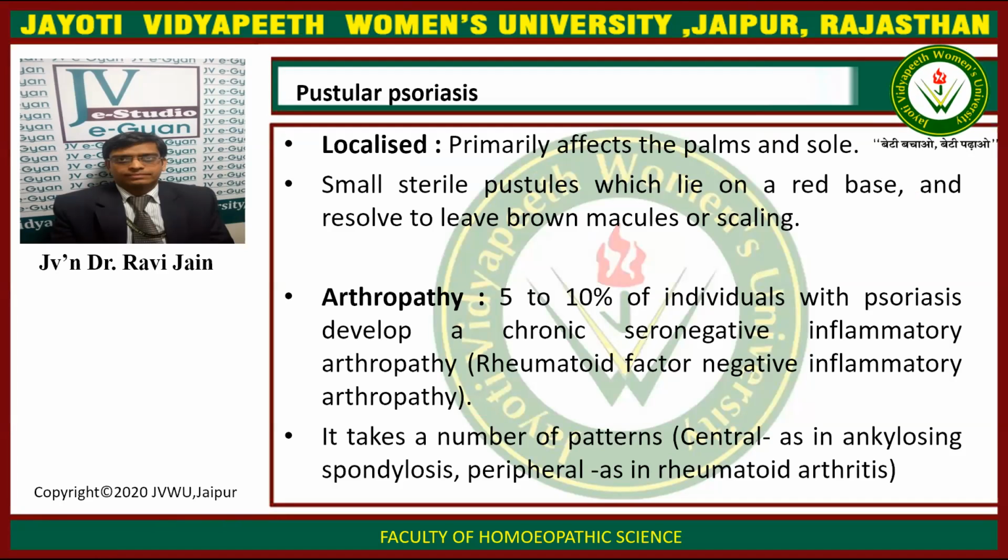5 to 10% of individuals with psoriasis develop a chronic seronegative inflammatory arthropathy, with rheumatoid factor negative. It takes a number of patterns, that is central as in ankylosing spondylosis, peripheral as in rheumatoid arthritis.